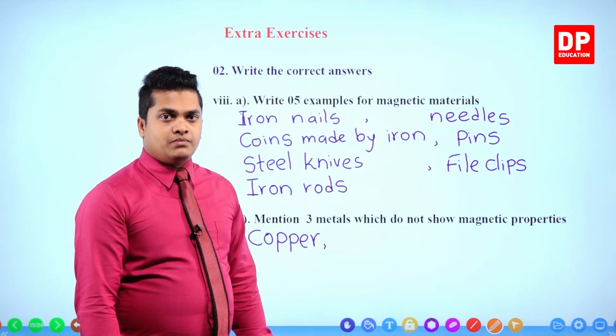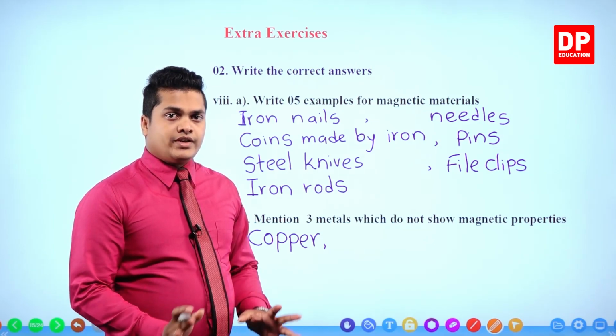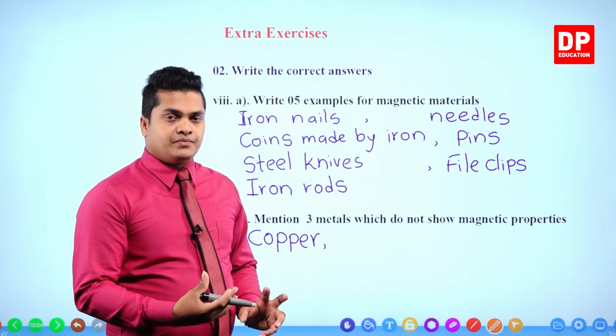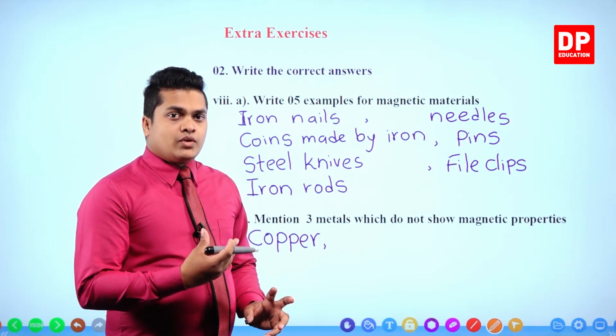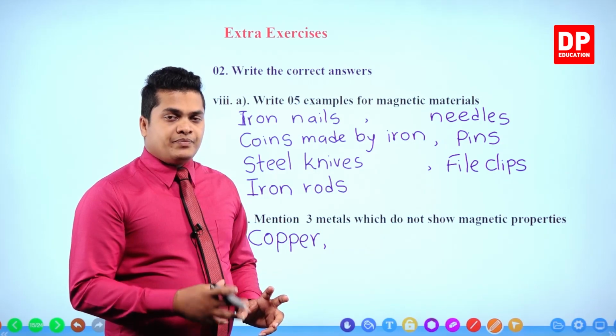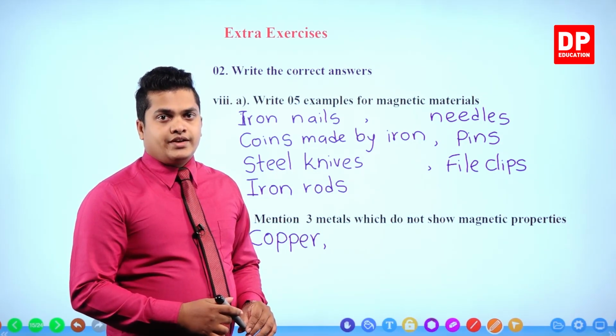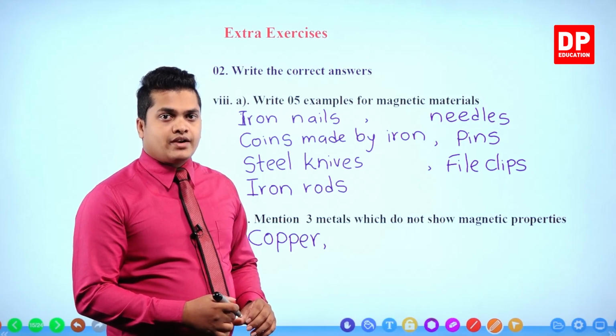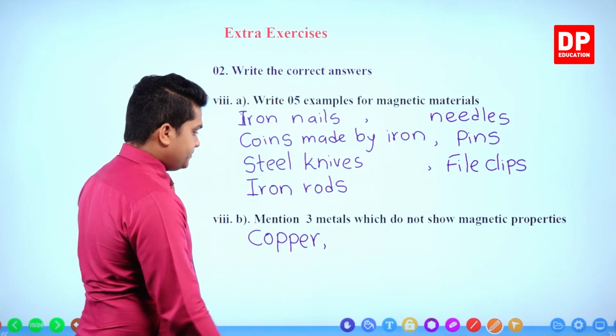No change could be observed. Even though it is made up with a metal, it is not getting attracted towards the magnet because gold is a non-magnetic metal. So gold.